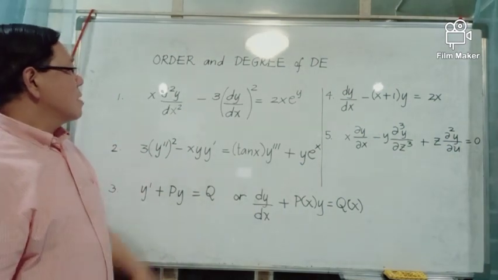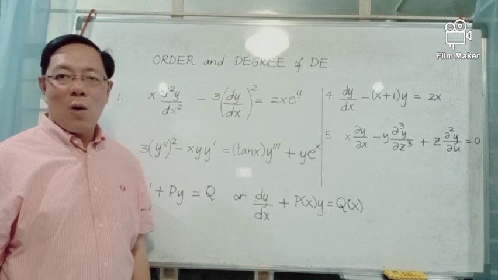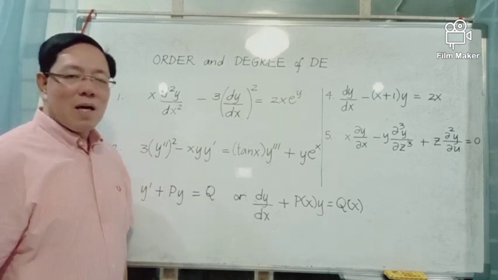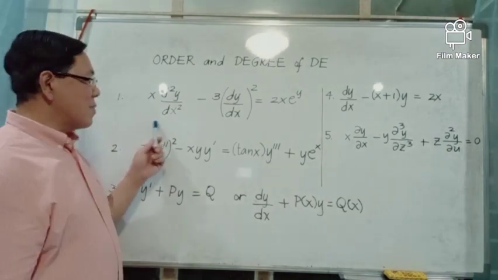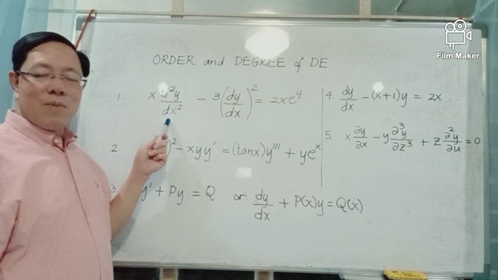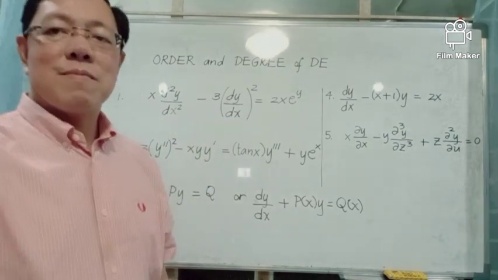We said that the order of a differential equation is the order or differential coefficient of the highest derivative that occurs in the given differential equation. In this equation, we have the second derivative of y and the first derivative of y.